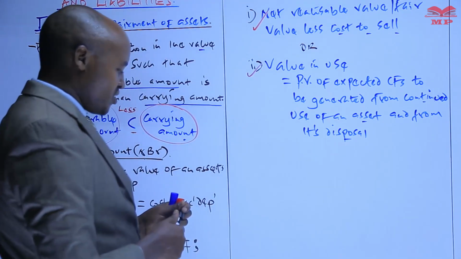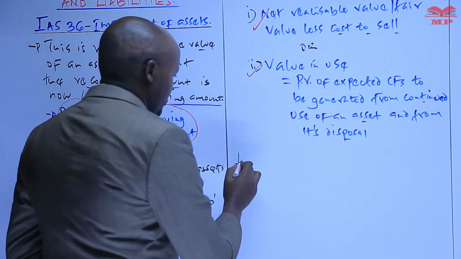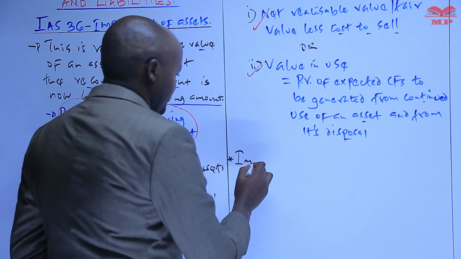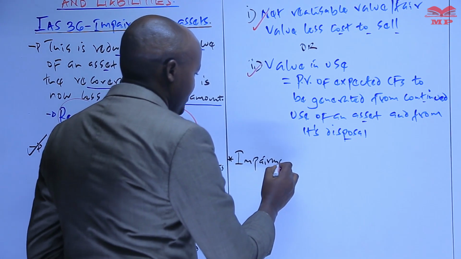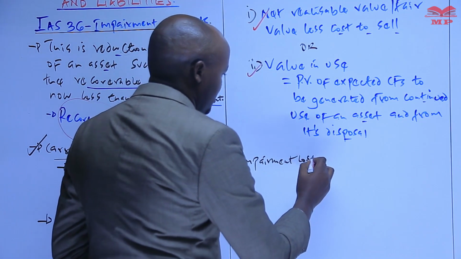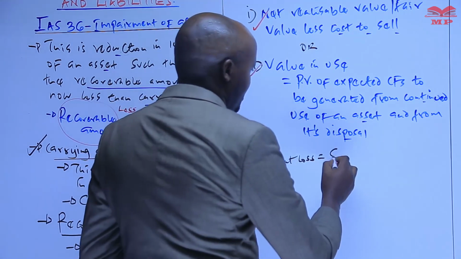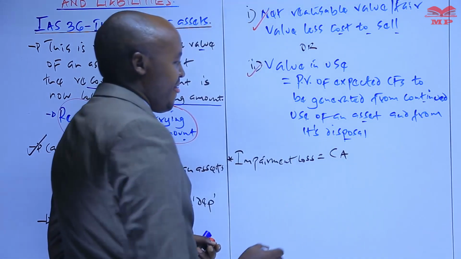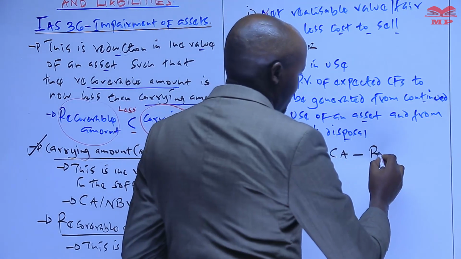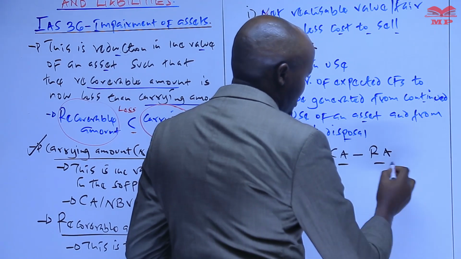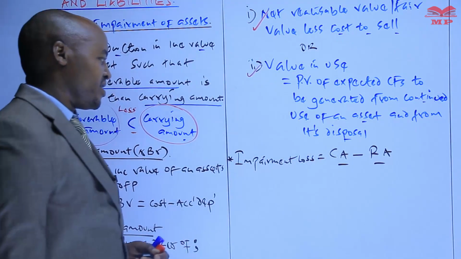So how is the impairment loss determined? The impairment loss is equal to the carrying amount, abbreviated as CA, minus the recoverable amount, abbreviated as RA.